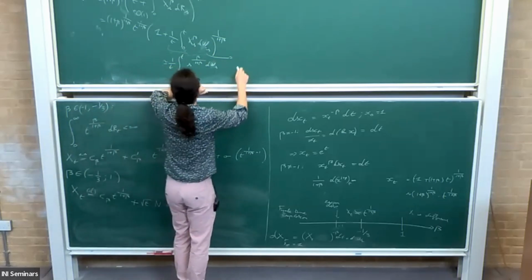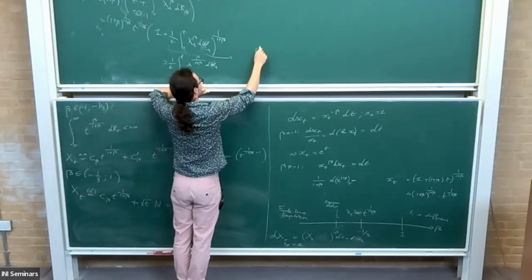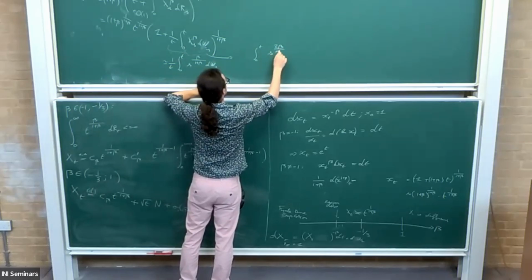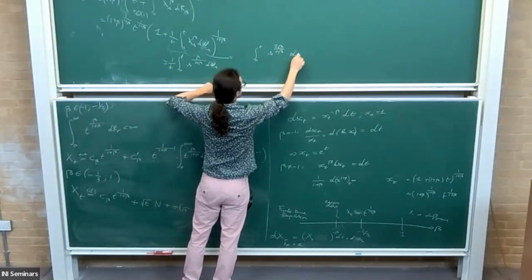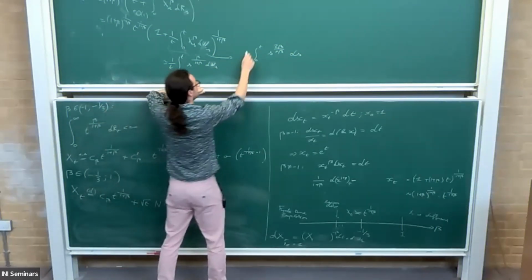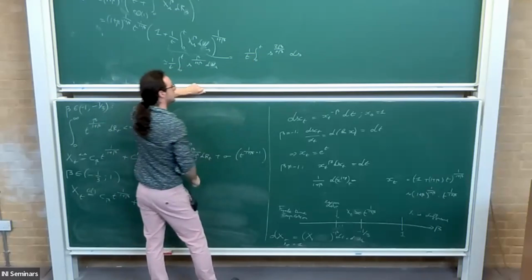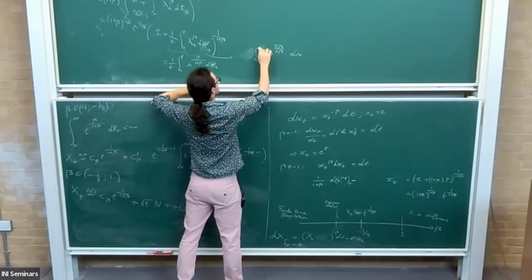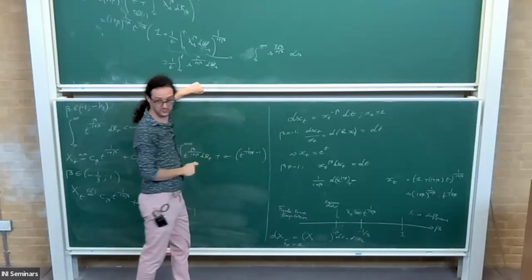Your quadratic variation is the integral from 0 to t of s to the 2 beta over 1 plus beta ds. And so your question is: is it the case that this integral from 0 to infinity is finite?